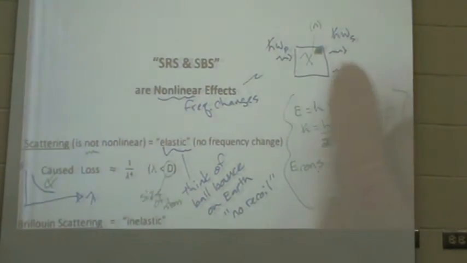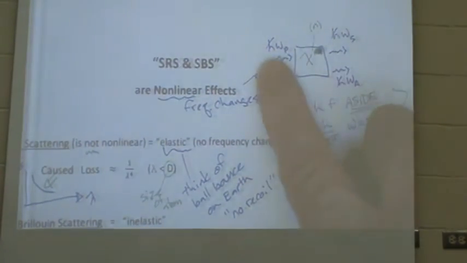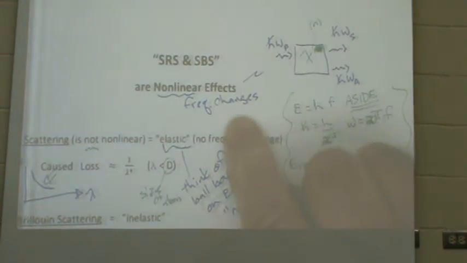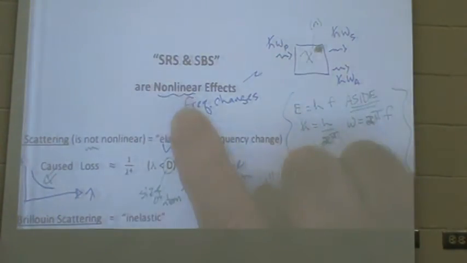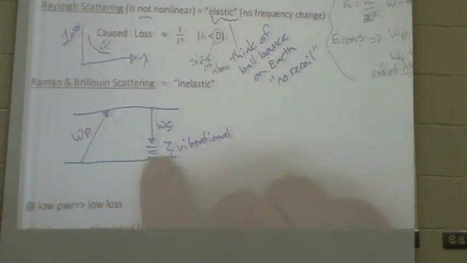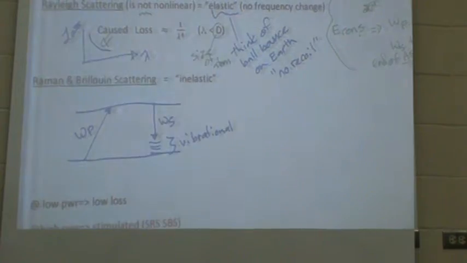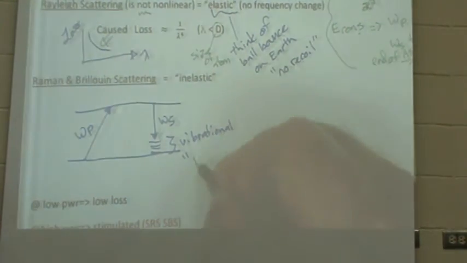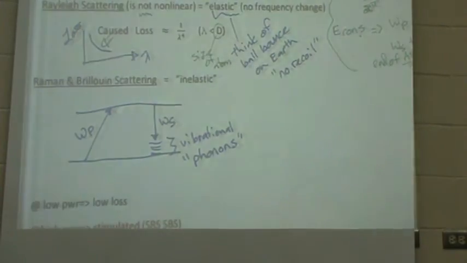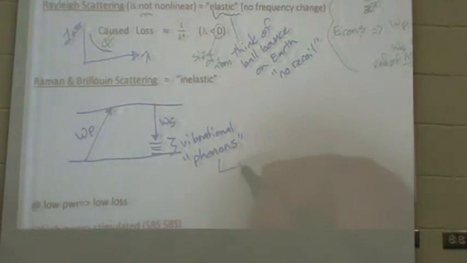So if this is a bunch of junk I don't care about, one color came in, a different color came out. One frequency came in, a different frequency came out. There's a frequency change in a nonlinear process, right? That other energy could be vibrational energy. And these are called phonons as opposed to photons. And in the case of Brillouin scattering, these are sound waves.